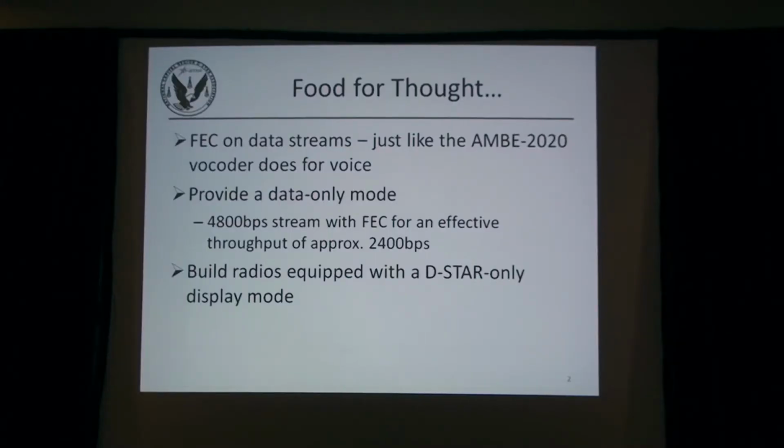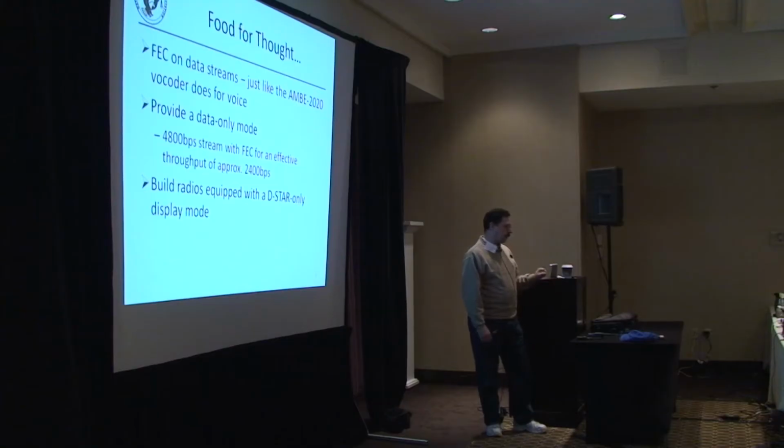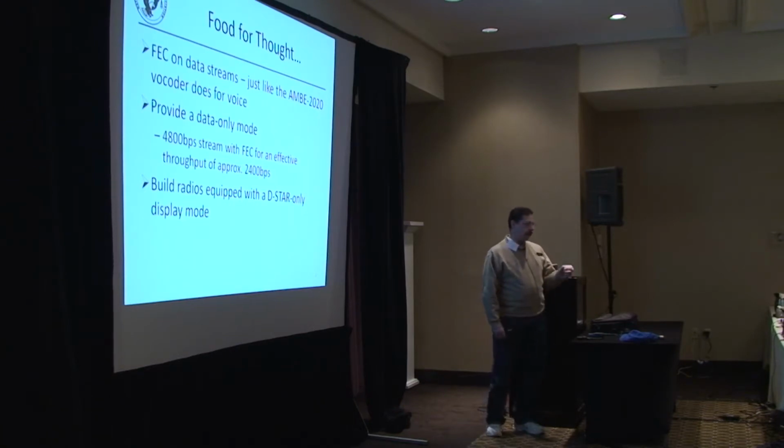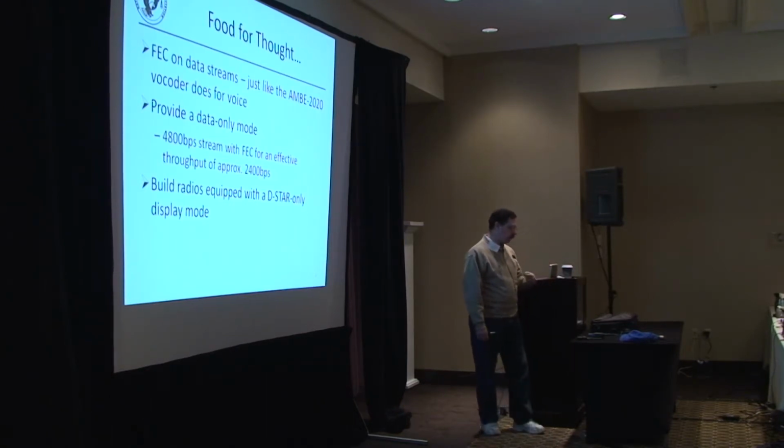Okay. One of the frustrations that I have with D-Star, if you look at how the D-Star framing is set up, is that they do a good job of protecting the call sign routing information, which has interleaving and scrambling on it. The AMBE codec does internal forward error correction with a rate 1/2 convolutional encoder.